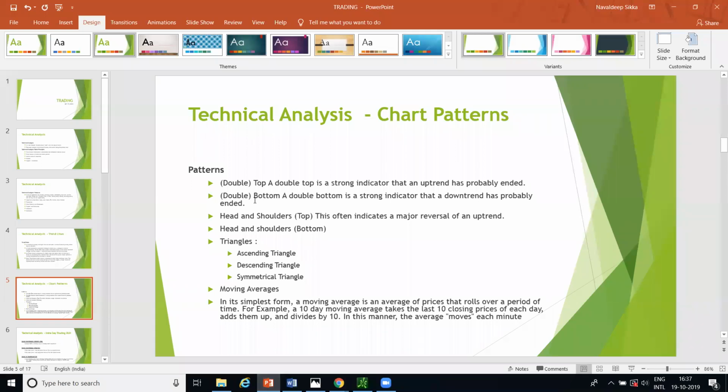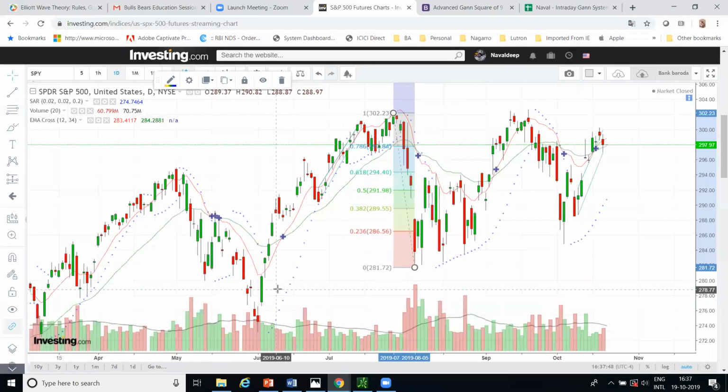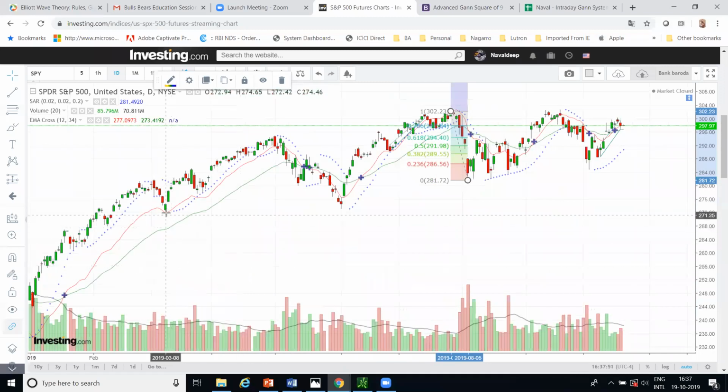So we have multiple patterns. One is double top, which I just explained to you. Similarly, we have double bottom, where the chart is inverse, and we see that the double bottom is made. If I draw this, this is the trend line, a flat trend line.